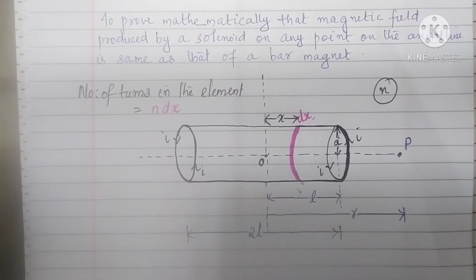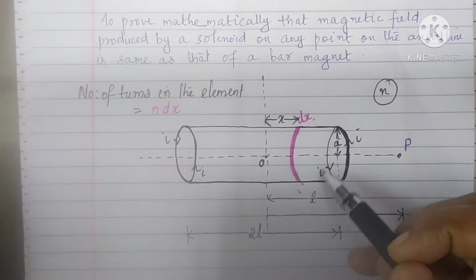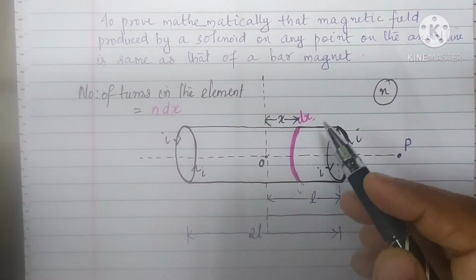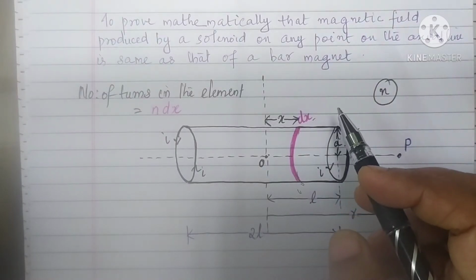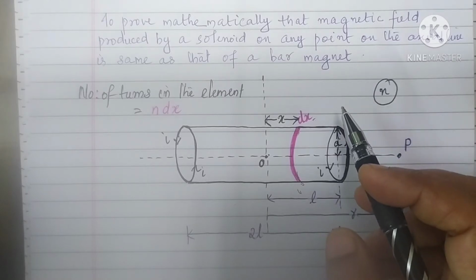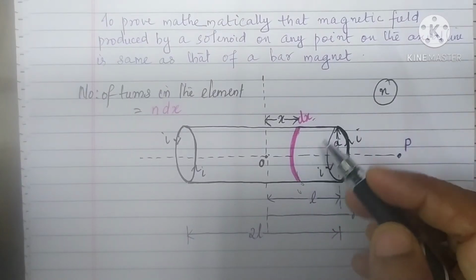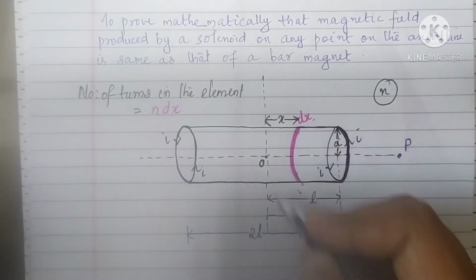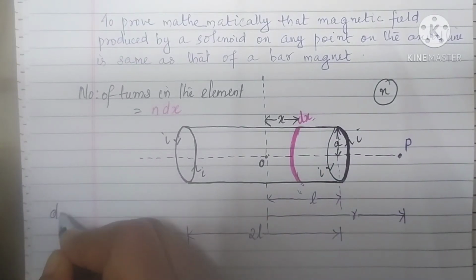Now you have seen that this is a circular element, so you have studied the magnetic field at a point due to a circular element. Here we can write the expression for a small element dx.